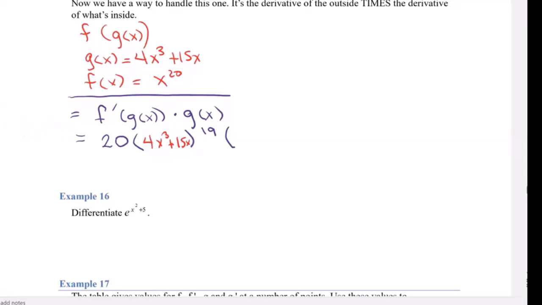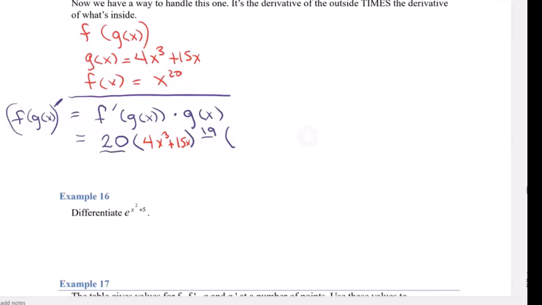If we have f of g of x, and we want to take the derivative of this, that's our formula. So f prime of g of x is 20, and then g of x to the 19th power, still a power rule, n. Here's my n, and here's my n minus 1.